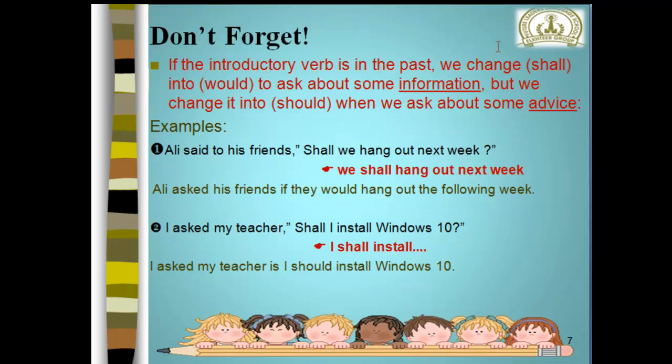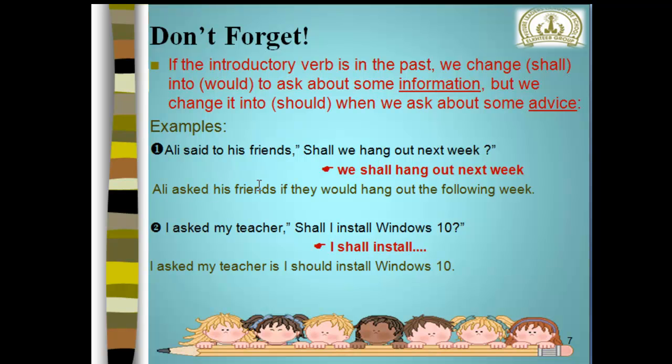Don't forget, if the introductory verb is in the past, we change shall into would to ask about some information, but we change it into should when we ask about some advice. Watch the difference. For example, Ali said to his friends, "Shall we hang out next week?" Change the question into a statement: "Shall we?" becomes "We shall."